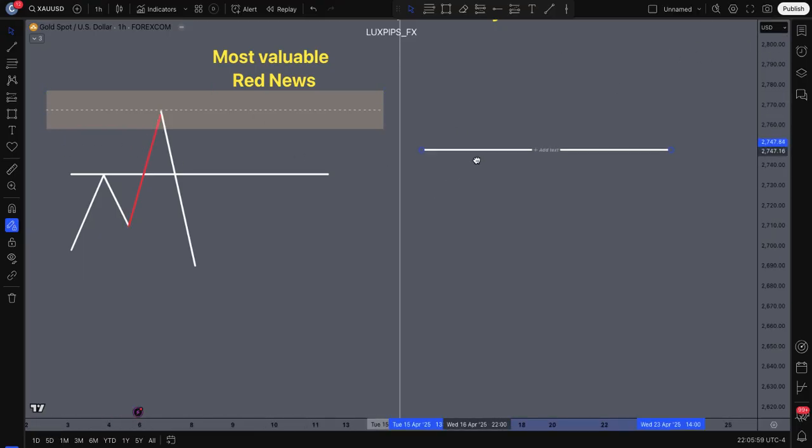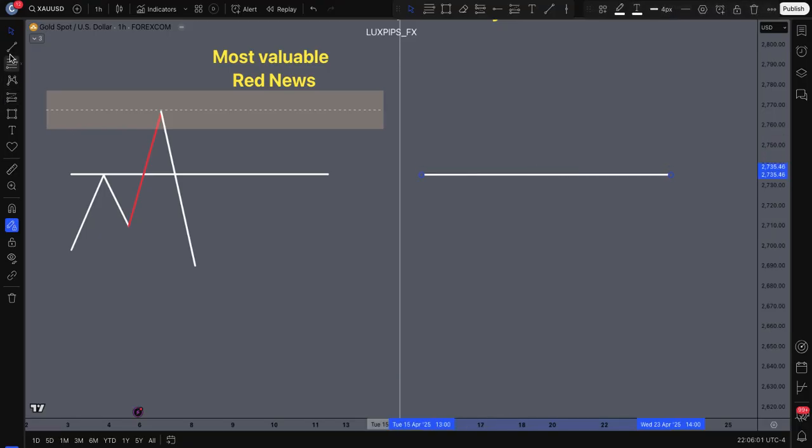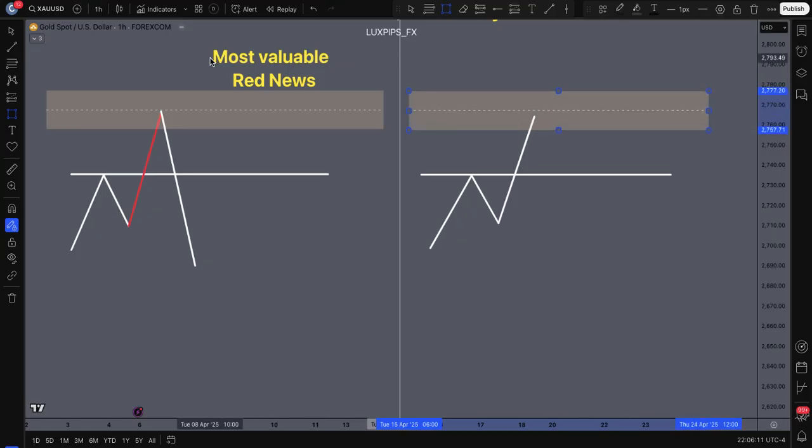So we'll do the same illustration. What if price did it before the red news? Now you can expect the red news to be the distribution in this scenario.